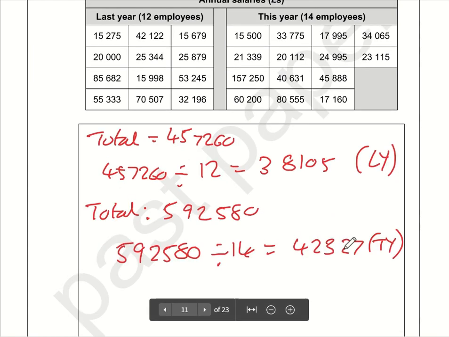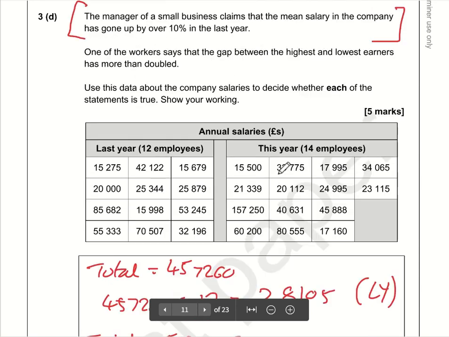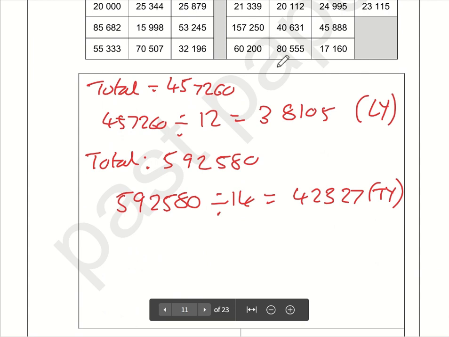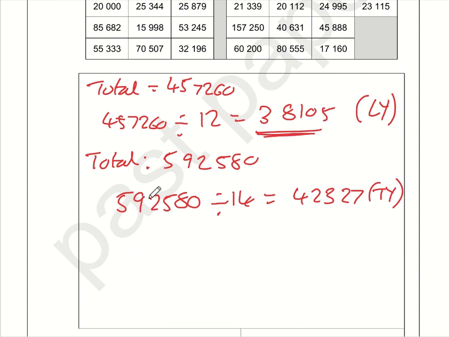Okay, so we can see the mean is more than last year, but the statement was, has it gone up by over 10%? So what we want to do is increase this by 10%. 10%, the multiplier is 0.1, but for a 10% increase, the multiplier is 0.1 plus 1, which is 1.1.